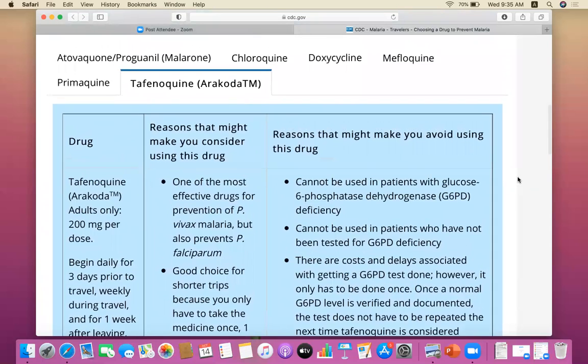Same, so we cannot use primaquine and tafenoquine with glucose 6 phosphate dehydrogenase deficiency.